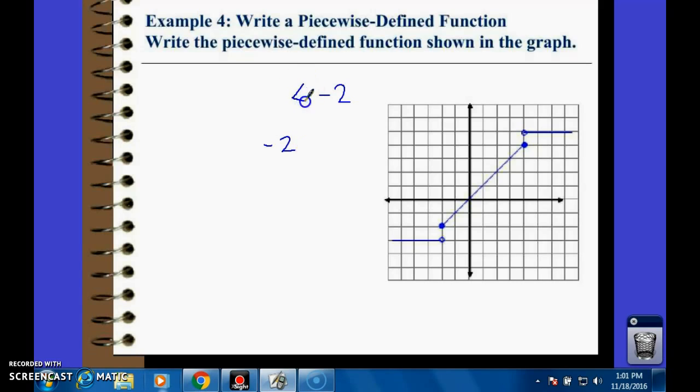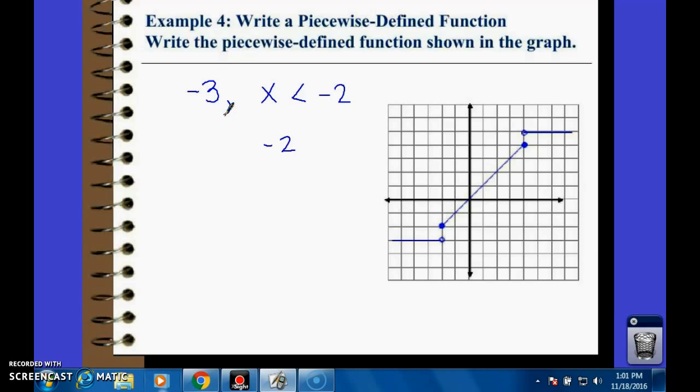So that's your little arrow like this. And it's open, so it's just x less than -2. And what is y for all these numbers less than -2? Yeah, y is always just -3. So isn't that kind of easy? It's just -3. Y doesn't ever change.